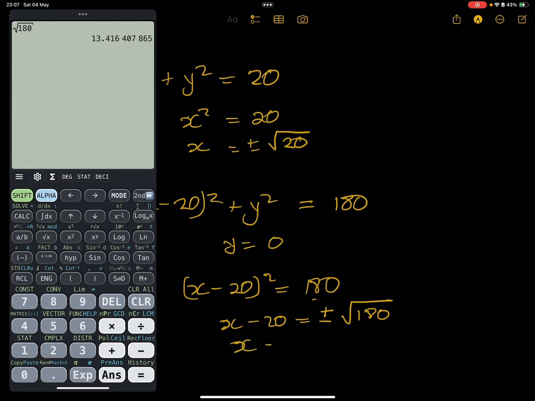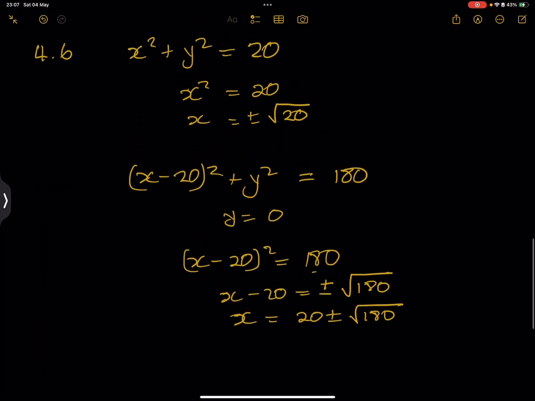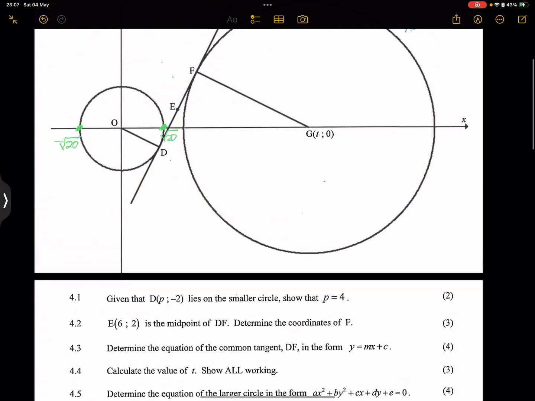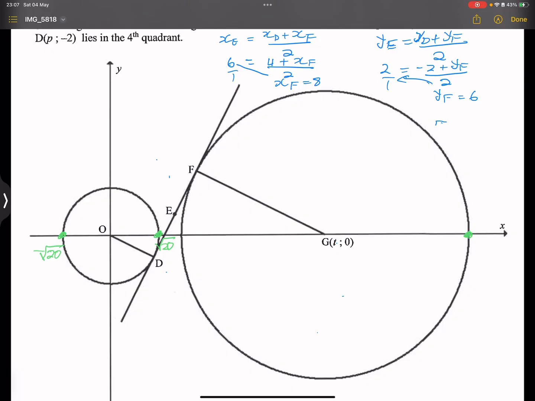So x would be 20 plus minus the square root of 180. So in this case, those would be my x-intercepts for the big circle.